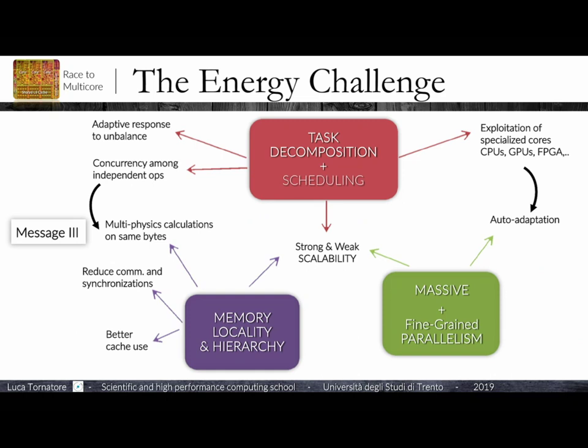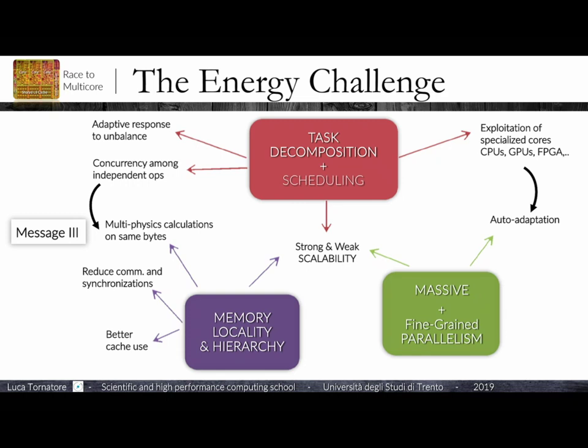So this has some consequences about how you program, no? Because many people, probably 99% of the people and scientists, are stuck to the von Neumann model and are not aware of everything about this. And so you write programs in a way that is totally unfit for what is the reality today and will be reality in the next years, okay?